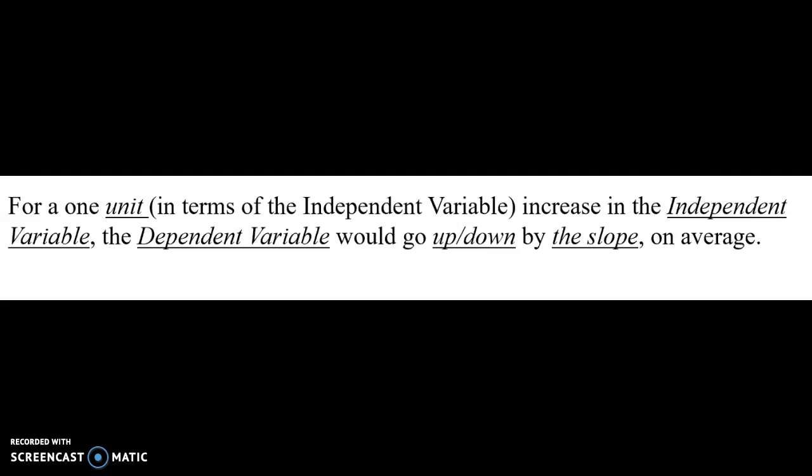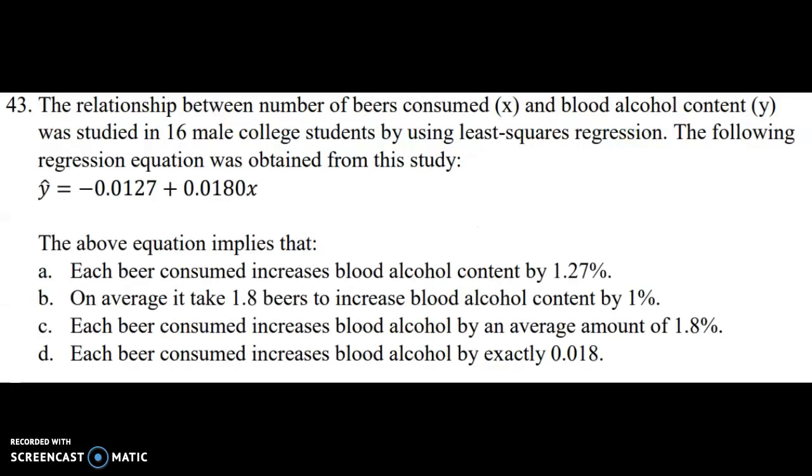The independent variable is going to be x and the dependent variable is going to be y. Here we're told that the x value is beers consumed and the y value is the blood alcohol content. So for a 1 unit increase in the x variable, so for each beer consumed, what happens to y?